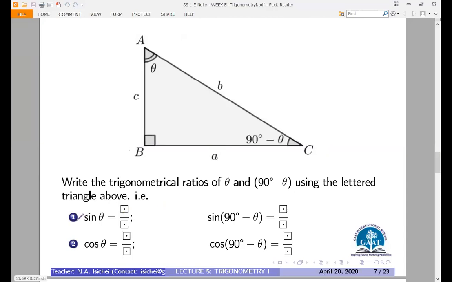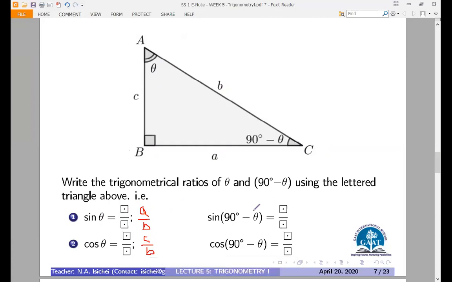Sine theta: my theta is at A, so the opposite is small letter a and the hypotenuse is b. Remember, sine theta is opposite over hypotenuse, so this is a over b. Cos theta is adjacent over hypotenuse, c over b.